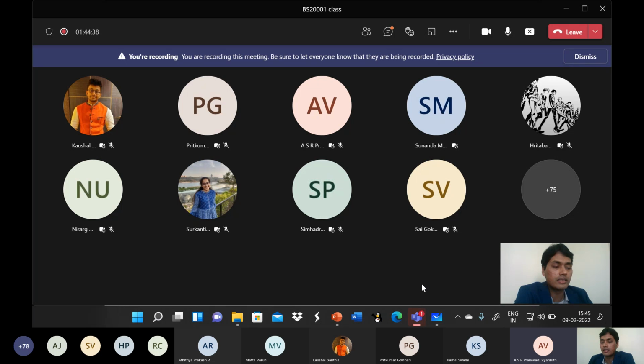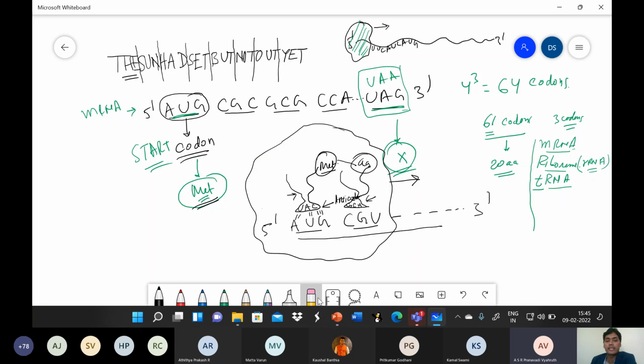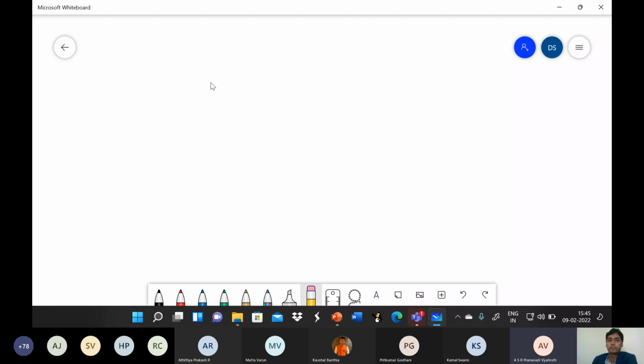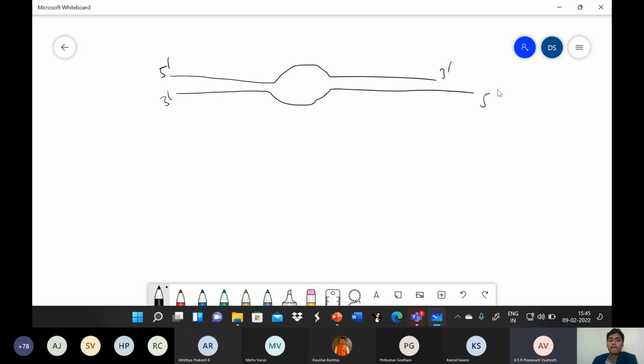So since transcription and translation are coupled in the bacterial system, if this is the case, this is the mRNA, 5 prime, 3 prime, transcription is going on, and now translation is going on by the ribosome.